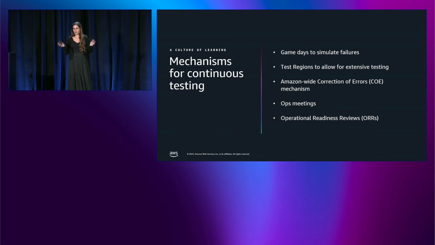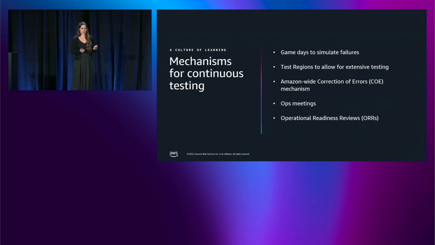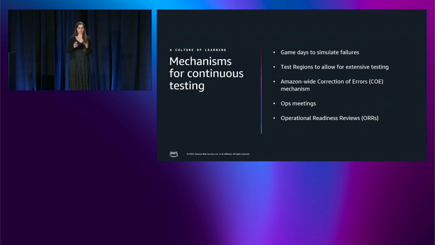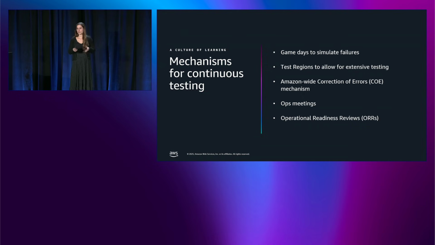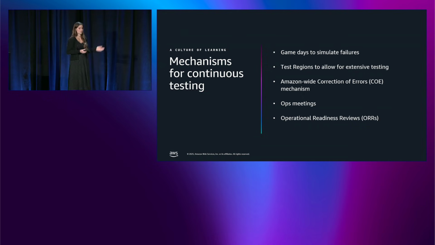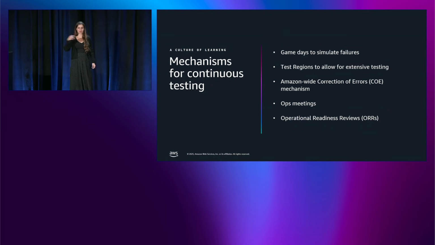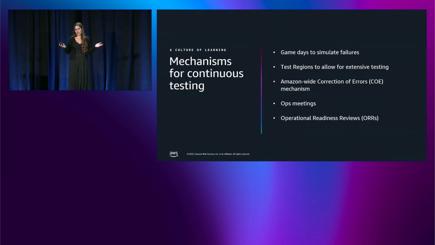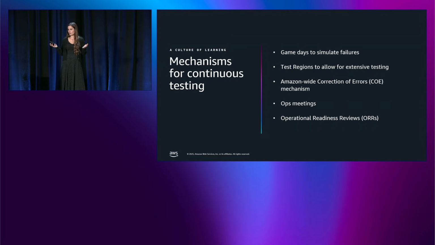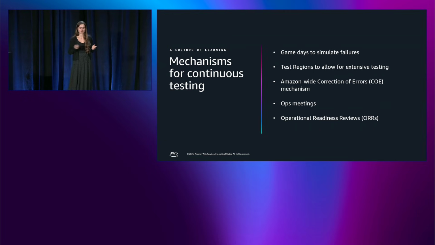So regardless of the type of build, regions, AZs, local zones, we have time in the schedule dedicated to game day testing. And that time is used to actually test things like what would happen if we power down an entire availability zone. And so we'll just pull the plug on the AZ and we'll see what happens. Do things recover gracefully, or do we have some gaps to close?